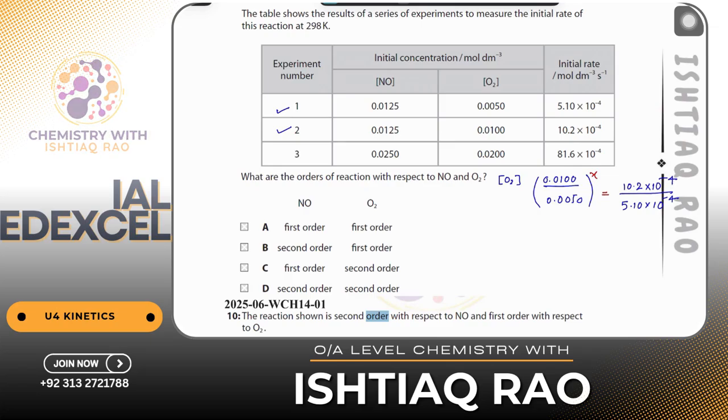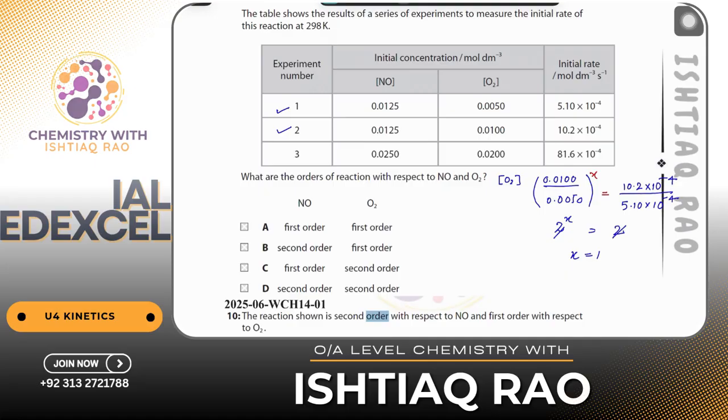When I divide it, 0.0100 divided by 0.0050, it's going to be 2 raised to the power x, right? Which is equal to 10.2 upon 5.10, again this is 2. They are cancelling each other. So x is equal to 1. So the order with respect to O2 is first, like 1.